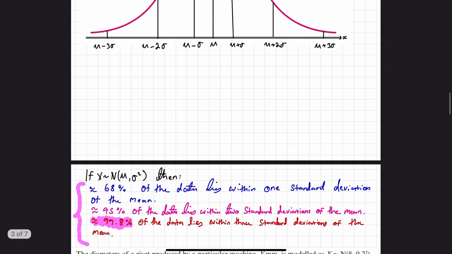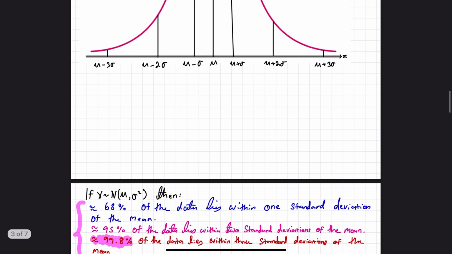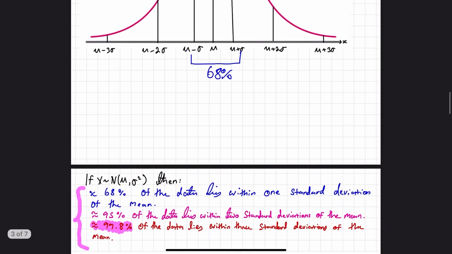So if we're looking at our first one, approximately 68% lies within 1 standard deviation of the mean. So basically between the mean minus the standard deviation and the mean plus the standard deviation, we have 68% of the data. And then approximately 95% lies within 2 standard deviations of the mean.